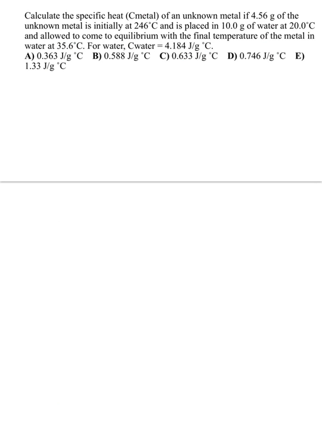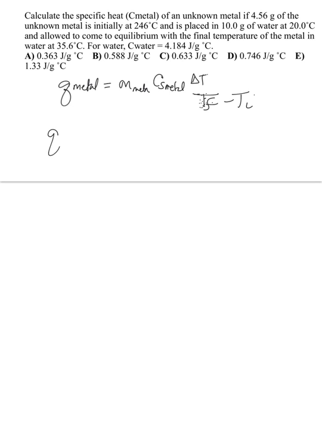Okay, this one, calculate the specific heat. So you know that you're going to have to use this equation here, Q of a metal. Q of metal equals the mass of the metal times the specific heat of the metal times your change of temperature, which is T final minus T initial.